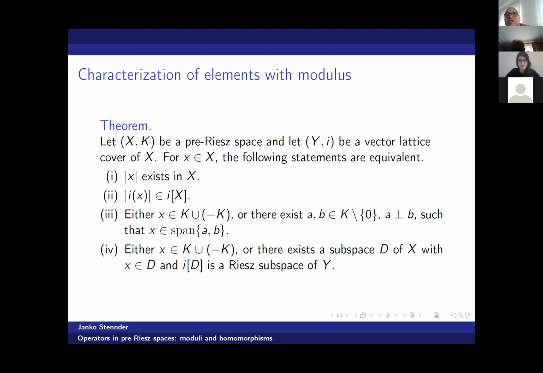In pre-Riesz spaces, in general, not, because as I said, there are pre-Riesz spaces which are antilattices, and in antilattices we don't have any non-trivial disjoint elements. So, for example, spaces of polynomials have no non-trivial disjoint elements. You only have the 0, so you can't write elements as a difference of disjoint elements.